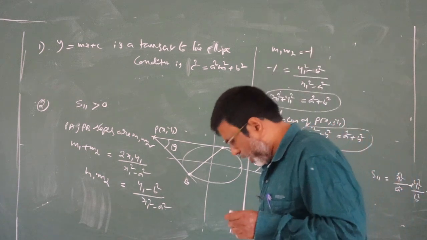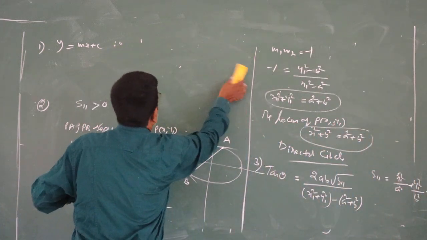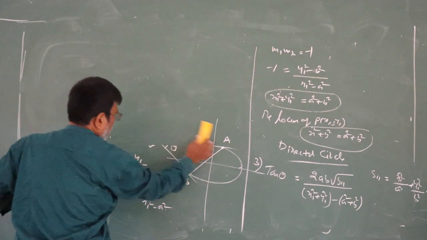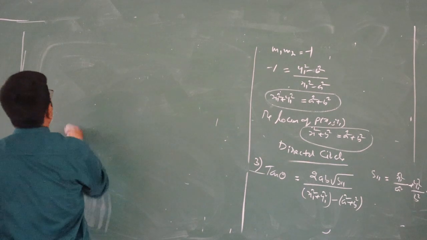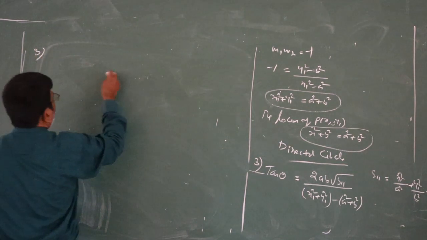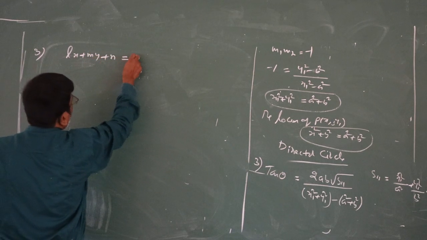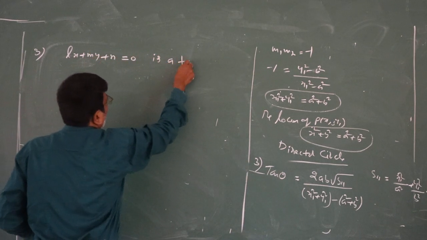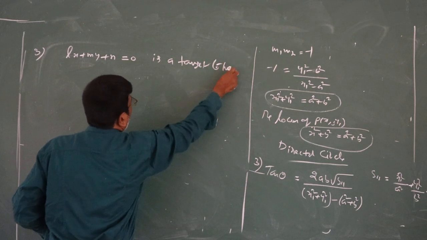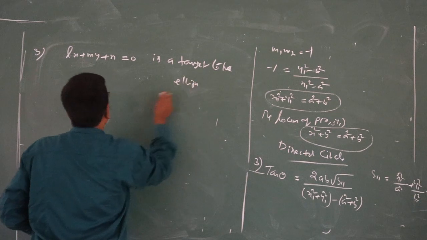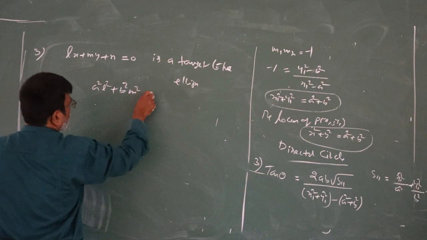Suppose one more shortcut is asked in a question, a third shortcut like this. If Lx plus my plus n equals 0 is a tangent to the ellipse, then the condition is a square L square plus b square m square equals n square.